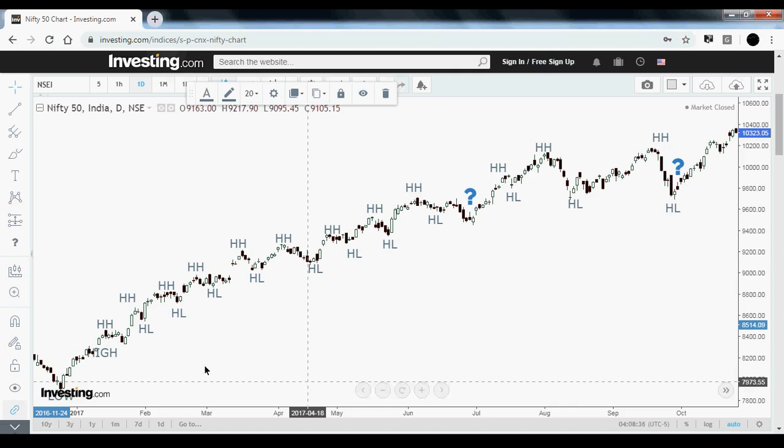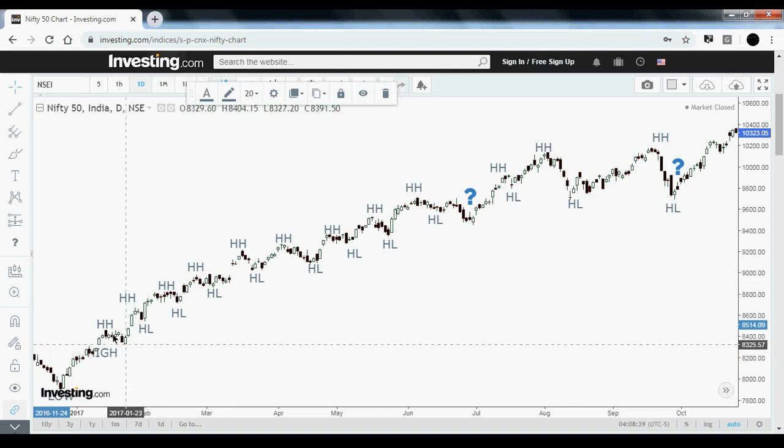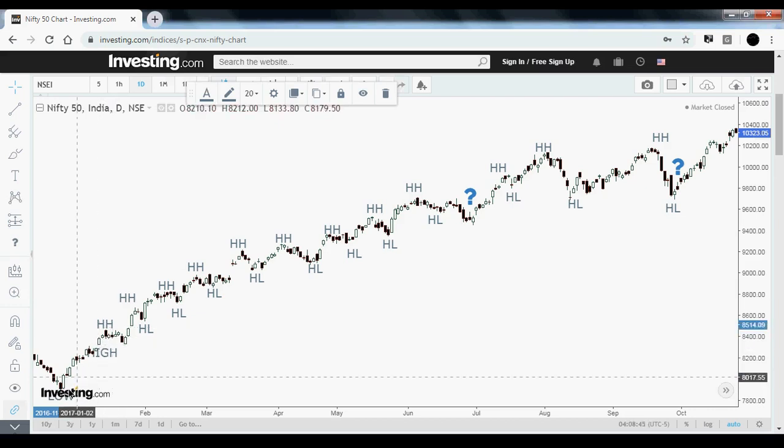So what happens in an uptrend? Any high that the price makes is higher than the previous high. Okay, so let's say this is a low. We'll take a starting point for this. Again, we'll revisit how we took this as a starting point. But to start, let's take this level as low and this level as high.